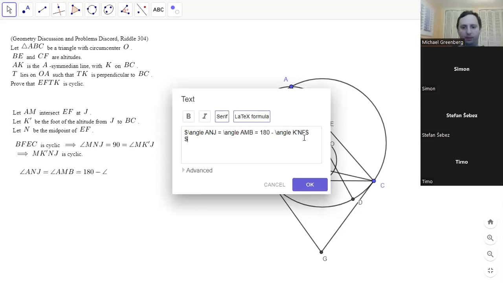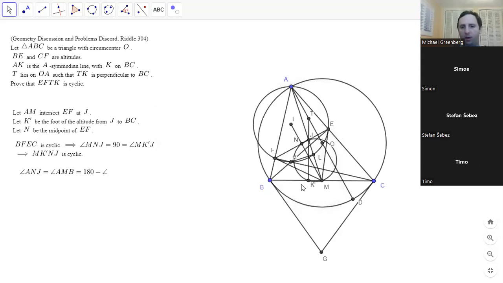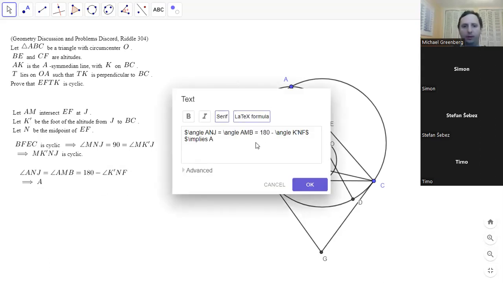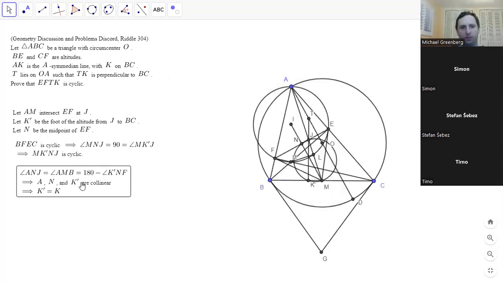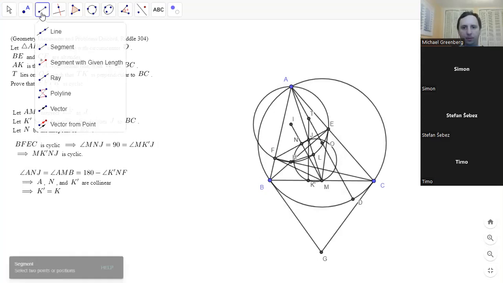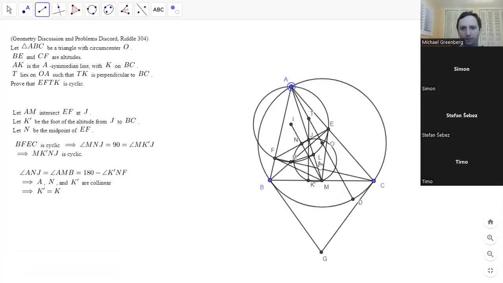And that means that A, N, and K' are collinear, and that means that K' equals K. Okay, so we can draw that, and that's how we know that these three are concurrent.